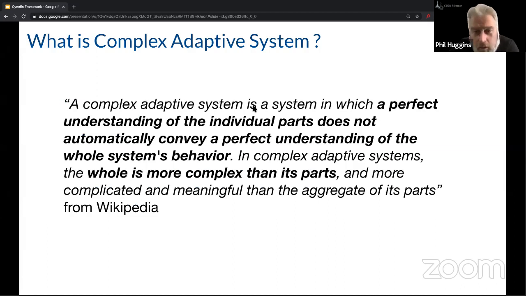Sure. So complex adaptive systems, I think Mario's done a fantastic intro there. One of the characteristics of a complex adaptive system that you can look for, and not all of them have this, but this is not uncommon, is large numbers of interactions. So the connecting constraints that Mario was talking about.